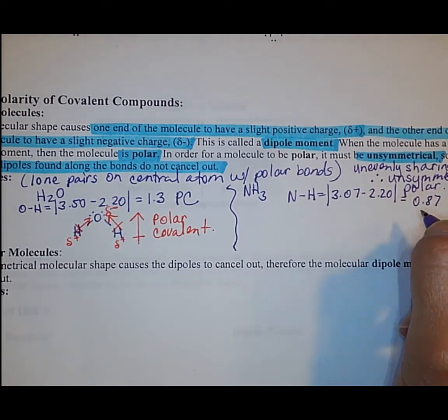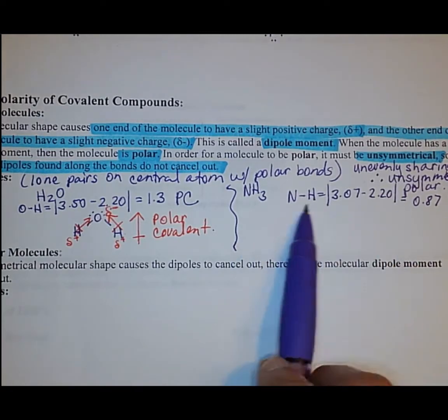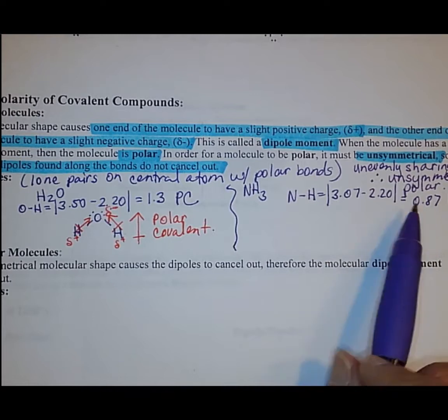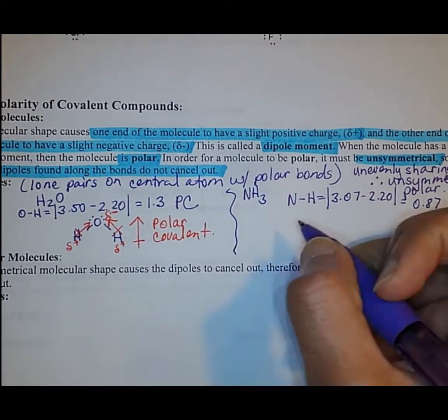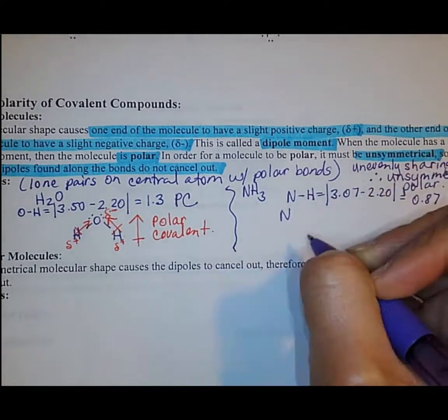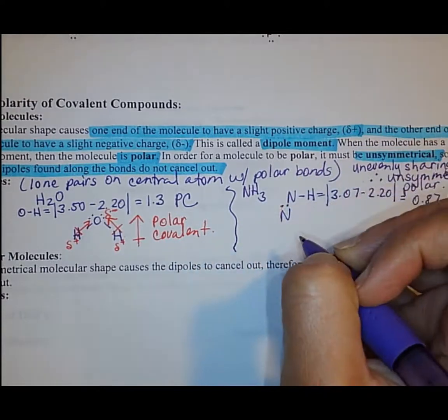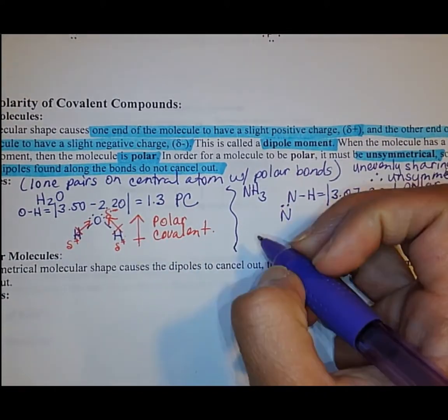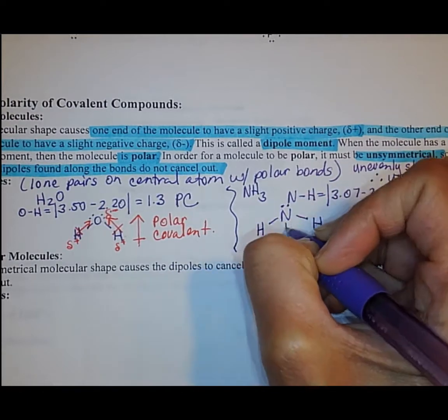If you recall from your notes, it lands in that sweet zone, and it is polar covalent. But we look at the math, and really it's the picture that says a lot more than the math.